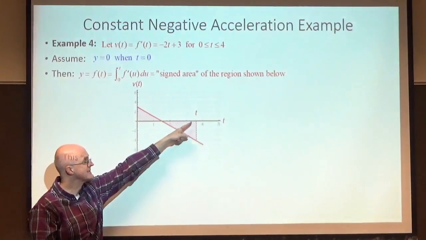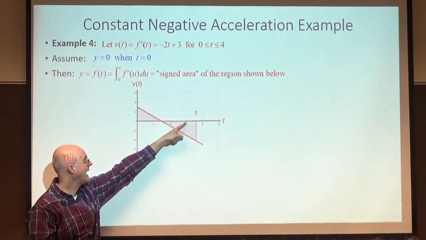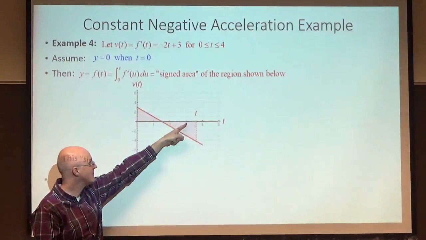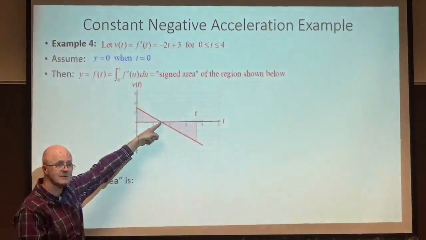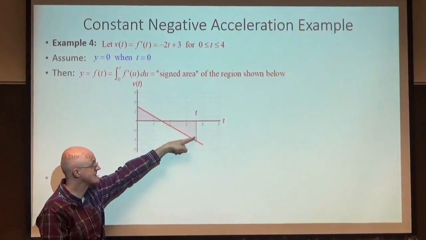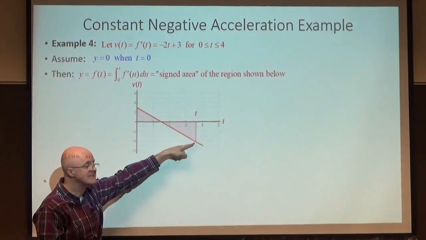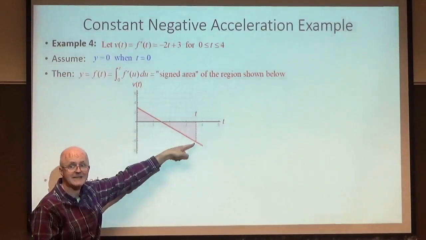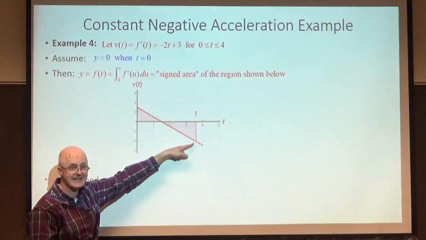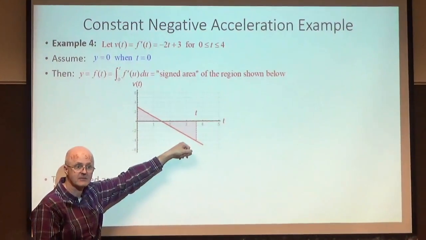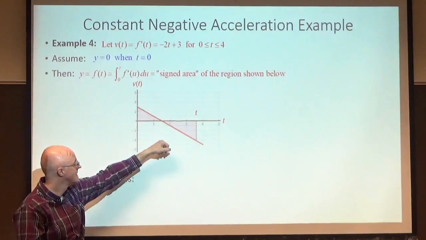What's this area? It depends on t. The base is t minus 3 halves. And the height is this distance here, which is not the second coordinate at this point, but it's opposite, because its second coordinate is negative. But I want the height to be positive. So here's the calculation.